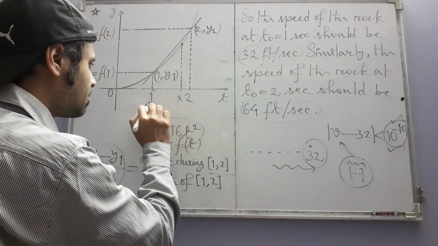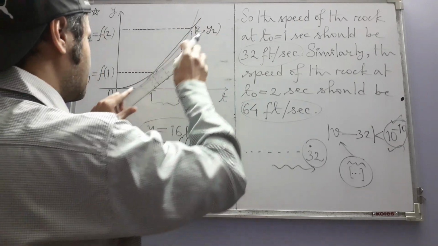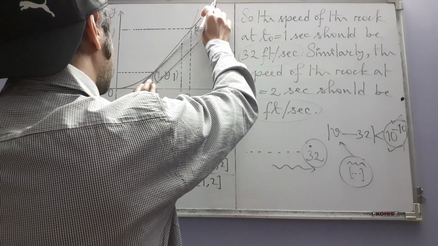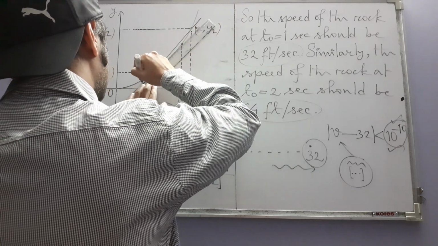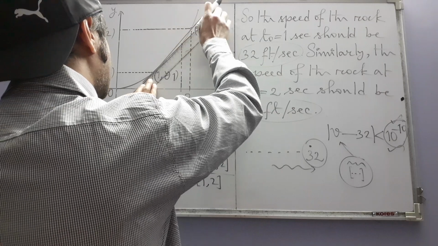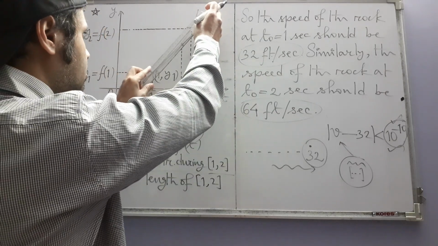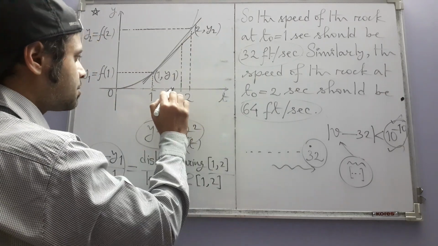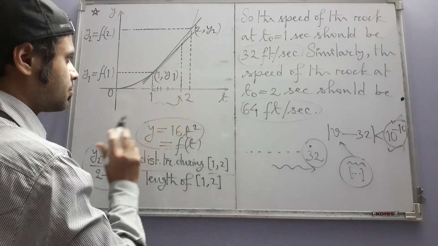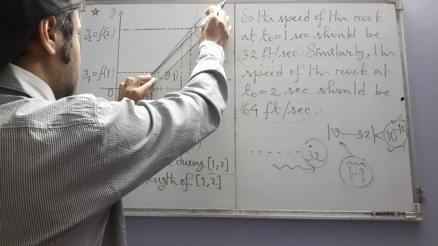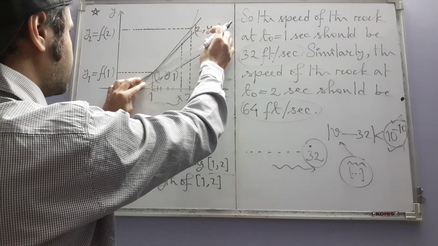Now in this slightly smaller interval, if one considers the average speed, then we get the slope of this other secant, which is a little like this. And if this process continues, then the secant will become like this.